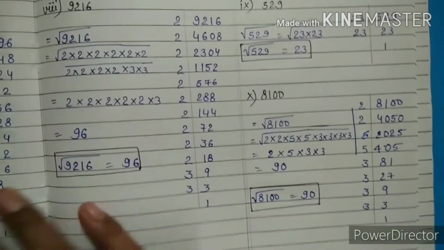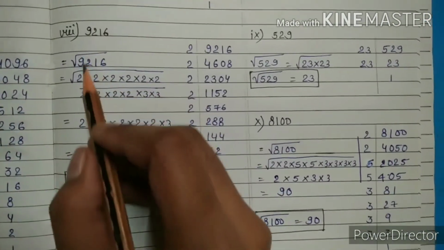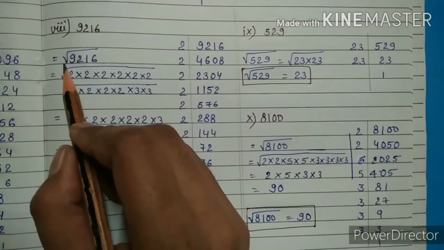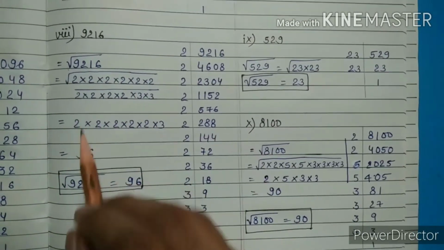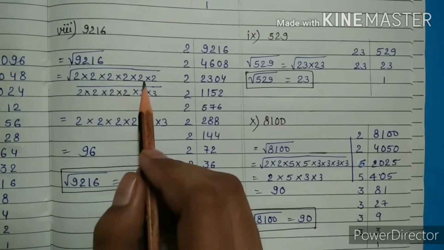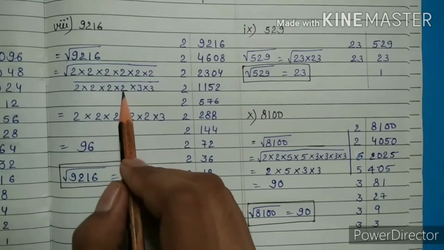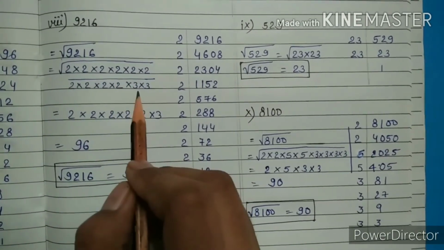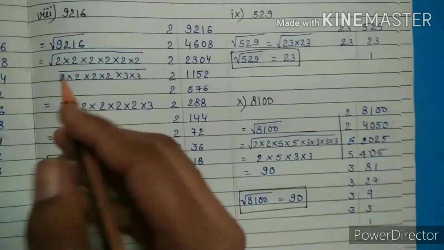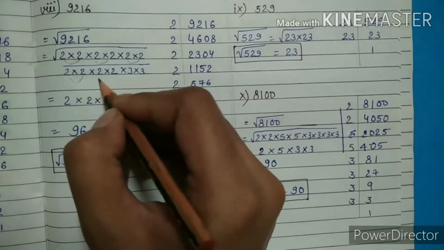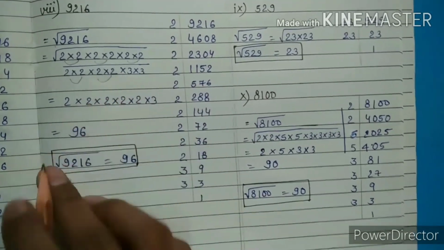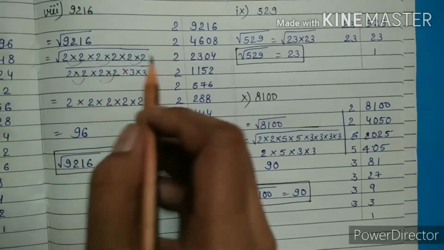Now the 8th question is the square root of 9216, which has the factors 1, 2, 3, 4, 5, 6, 7, 8, 9, 10, 10 times 2 and 2 times 3. So this is 1, 2, 3, 4, 5 pairs of 2.